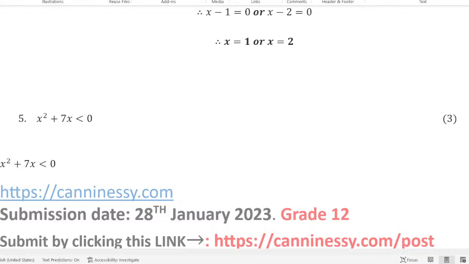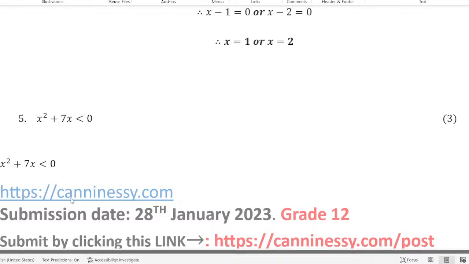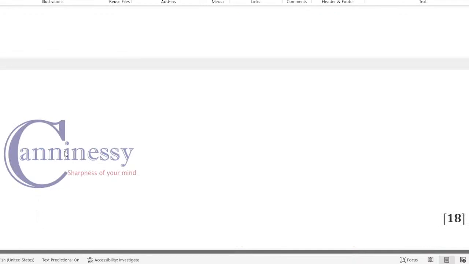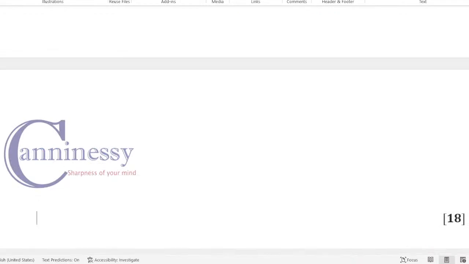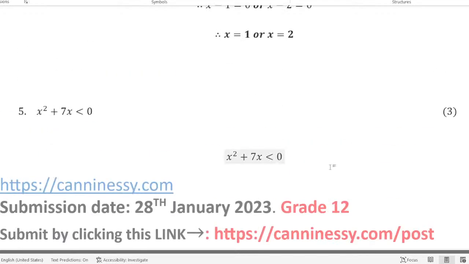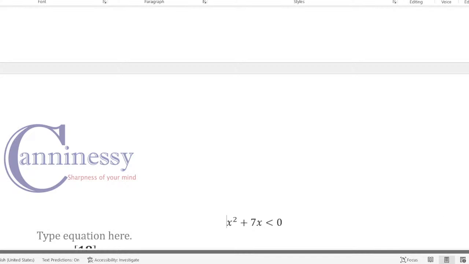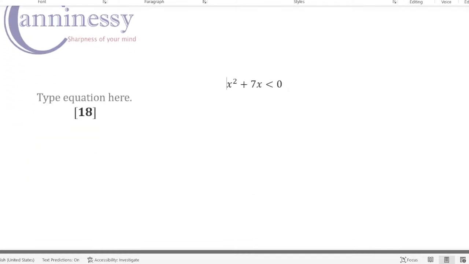Perfect. So now let's factorize. Remember, we're factorizing. Okay, let me take this one so that we can follow. So remember, we're factorizing x squared plus 7x is less than 0.